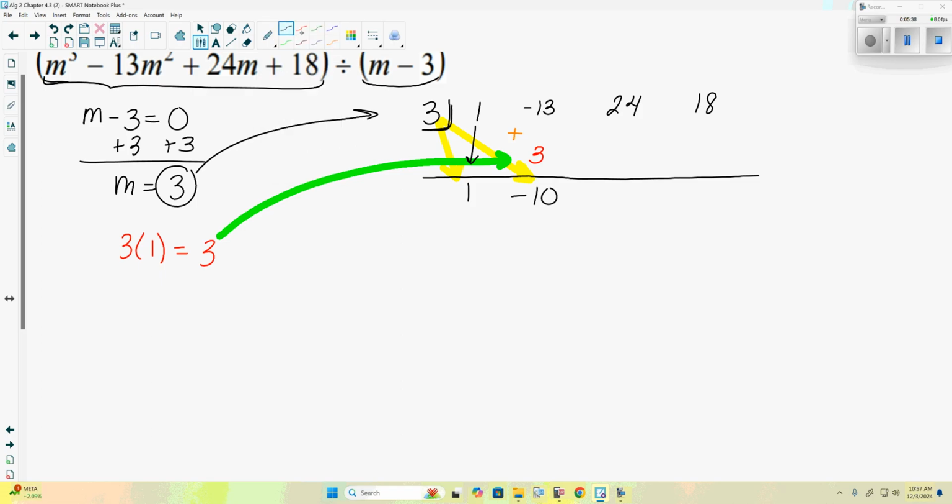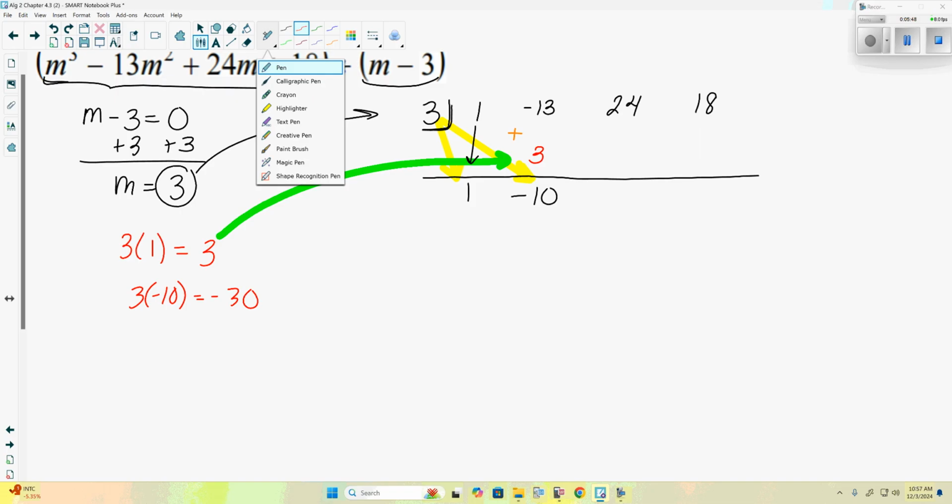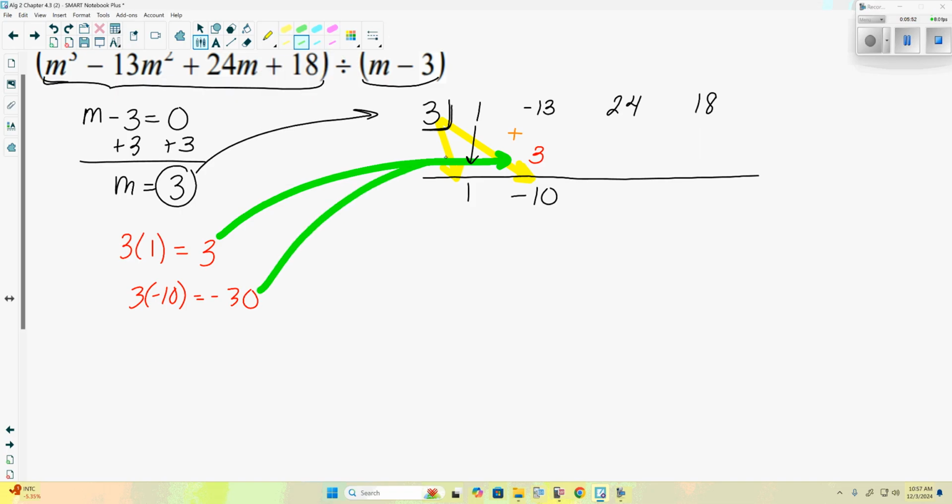So we're going to say 3 times negative 10 this time, which is indeed negative 30. And we take that number and put it above the line under the next number on the list. So it's underneath the 24.